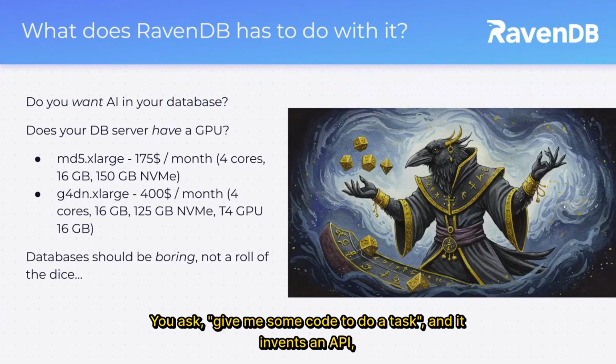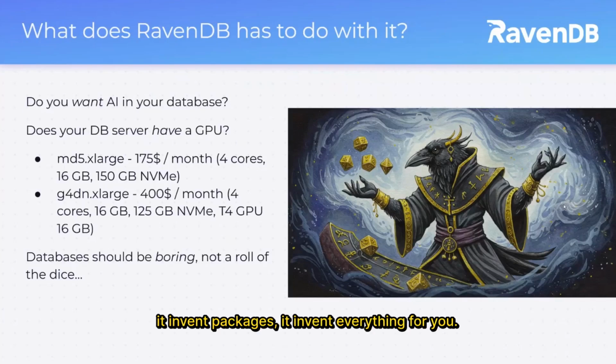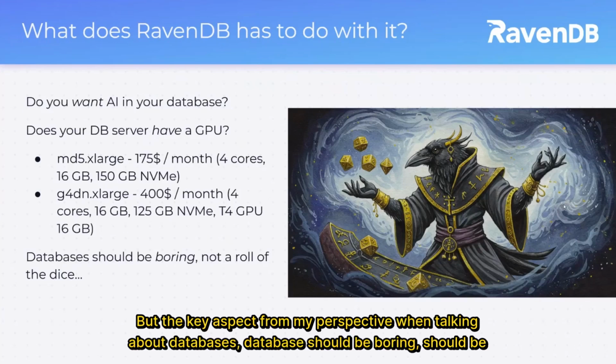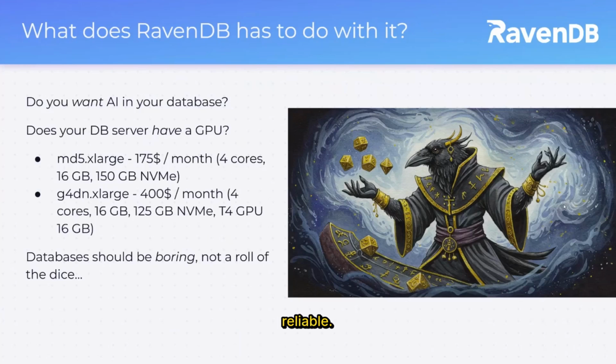You ask it to give you some code to do a task, and it invents an API. It invents packages. It invents everything for you because it makes sense, because it's effectively a statistical model. But the key aspect from my perspective when we talk about databases is that a database should be boring, should be reliable. It shouldn't be a toss of the dice.